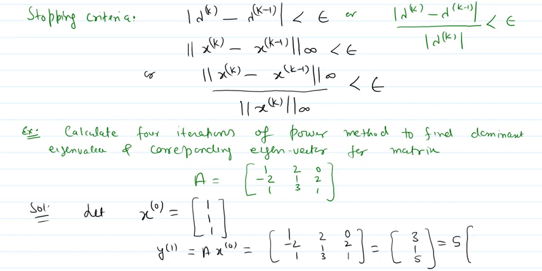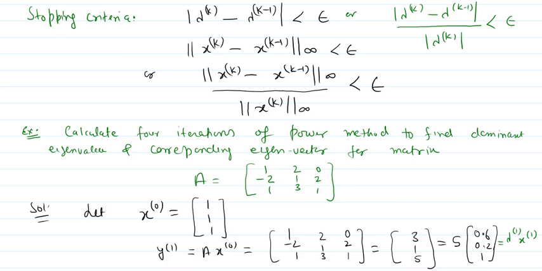We take 5, the largest component, outside, so we get 3 by 5 inside. 3 by 5 is 0.6, 1 by 5 is 0.2 and 5 by 5 is 1. In my notation, this is lambda 1 x1. So if I stop at the first iteration, then 5 is the eigenvalue and this vector x1, 0.6 0.2 1, is the eigenvector. But we will continue to get a better answer.